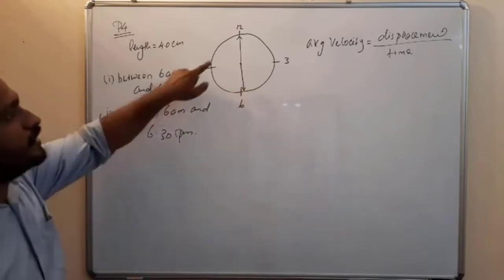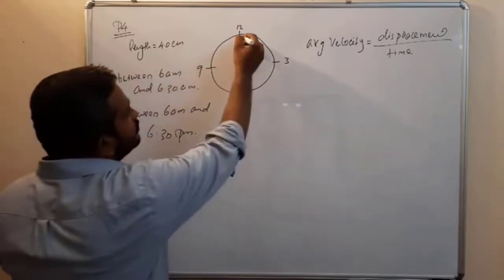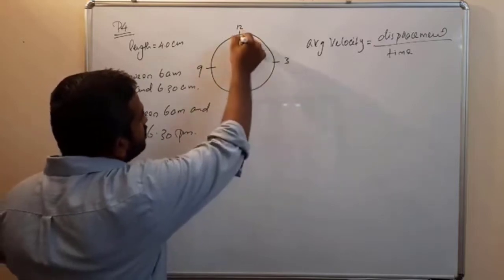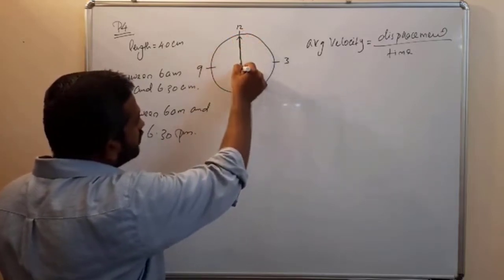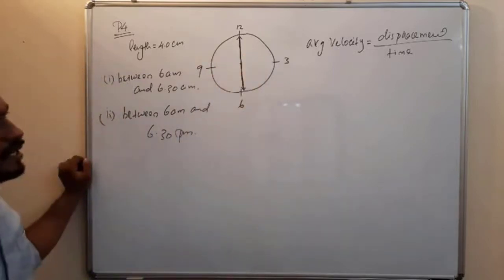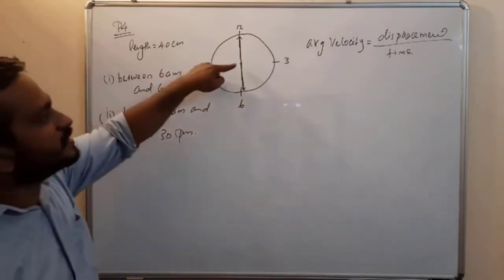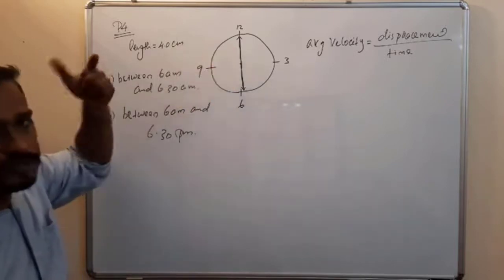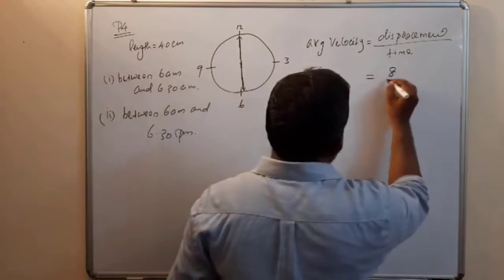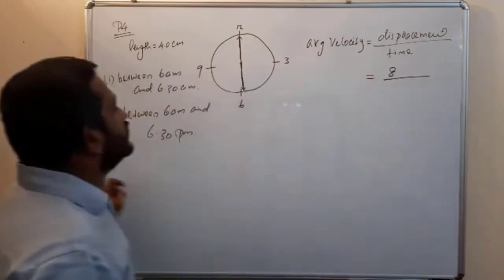So the displacement is from the starting position to the end position. So this is the displacement. This is 4 and this much is 4, so 4 plus 4, that is 8. 8 divided by time taken.